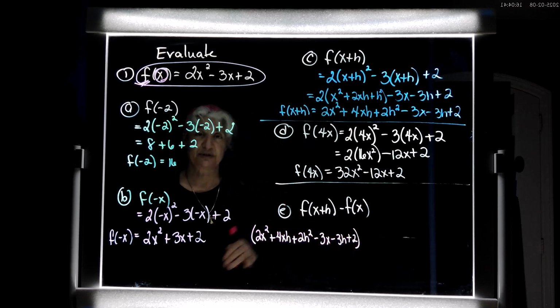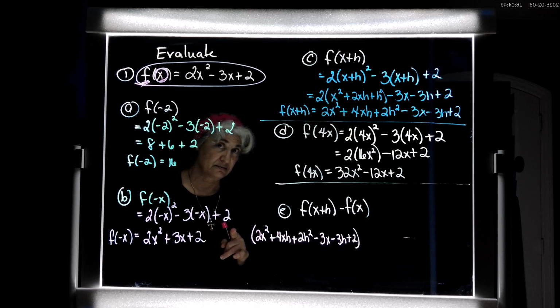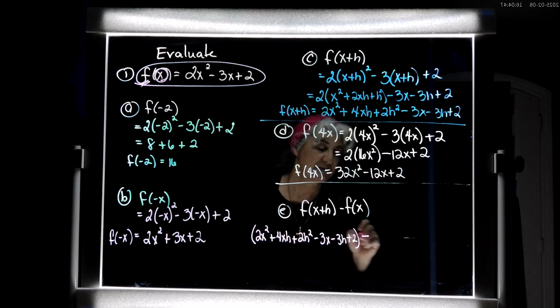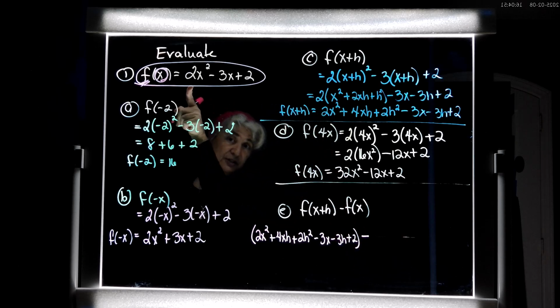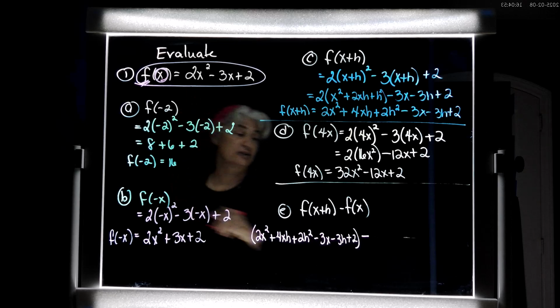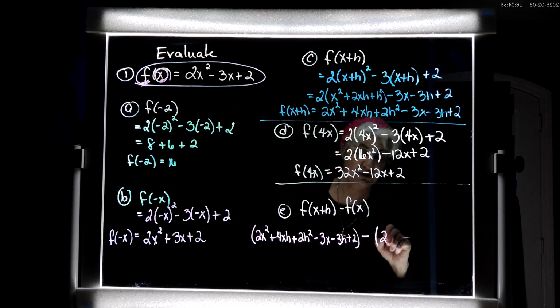That is f of x plus h. Good? Because that's what you got out of letter C, right? Okay. Minus f of x. Well, f of x is here. It's the original function. So we're subtracting off 2x squared minus 3x plus 2.